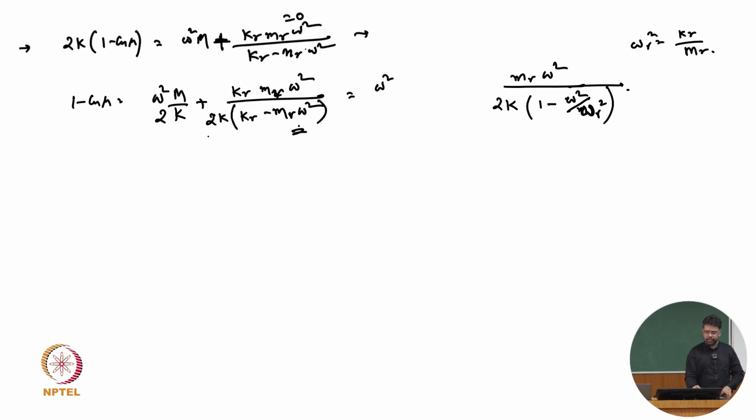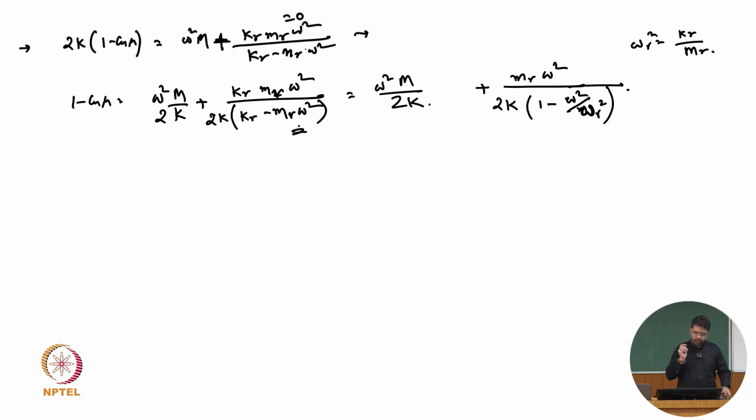So if you think, I am dividing the bottom portion with the k_r, so the top part k_r I am taking here. So 1 minus m_r by k_r, so I can write 1 by omega_r square. I can get it like this. So this way the thing is coming. Okay. So this is done, plus omega square m by 2k we can get.